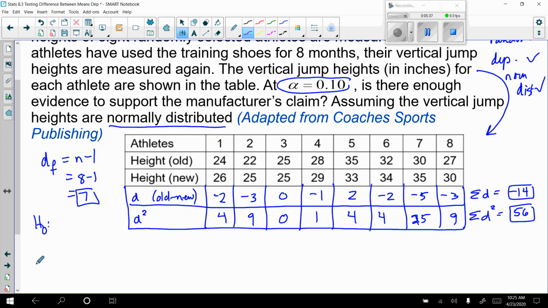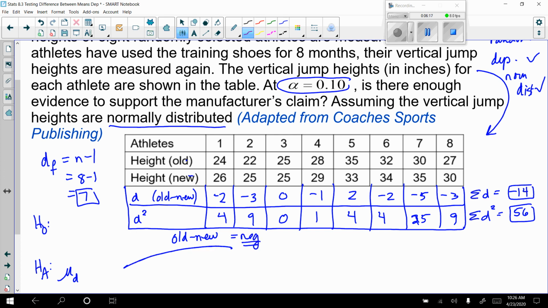Our alternate hypothesis: they're claiming that their athletes who train with their training shoes will increase their vertical jump. So that means that the mean difference, when we subtract old minus new, should be a negative number, because if the new value is larger, old minus new would equal negative.